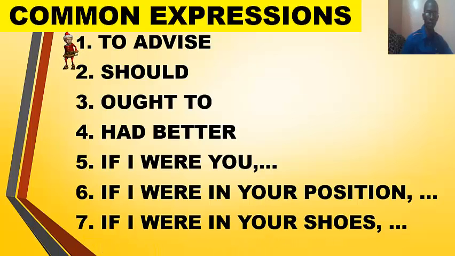And number 7, if I were in your shoes. So these 7 expressions are used in English to give advice. Donc voici quelques expressions en anglais qu'on peut utiliser pour donner un conseil à quelqu'un. C'est ce que nous allons voir aujourd'hui.